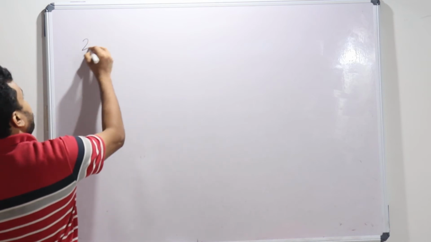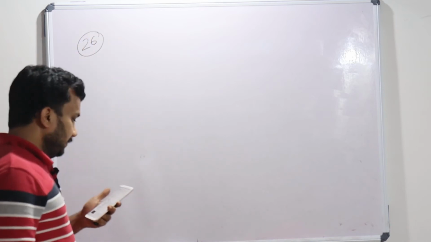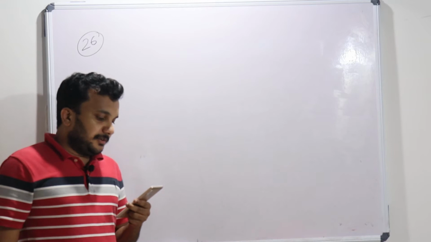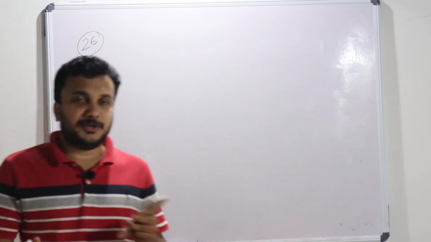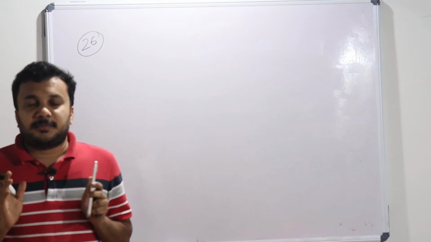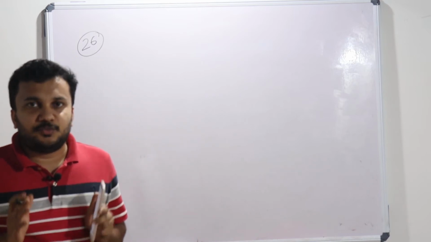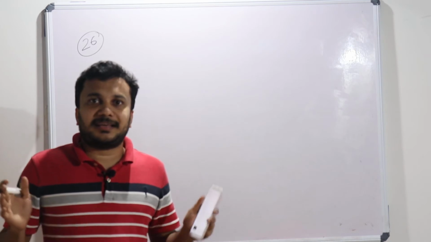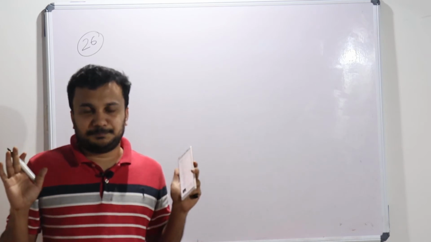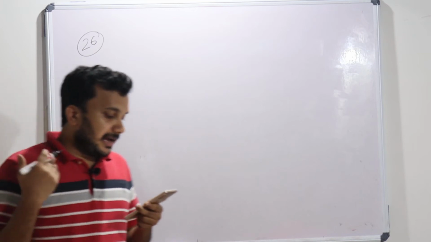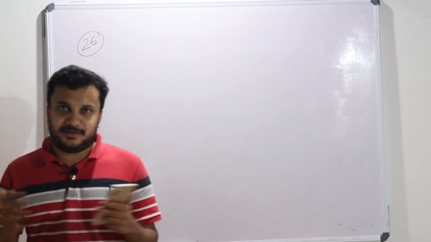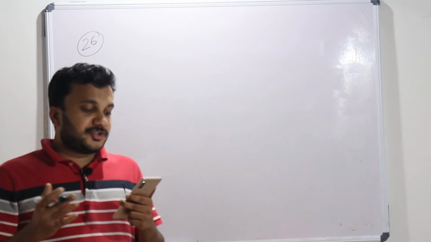Move to the next question, number 26. Two quantities A and B have different dimensions. Which mathematical operation given below is physically meaningful? Remember one point: quantities which have the same dimension formula can be added, can be subtracted, and can be equated.